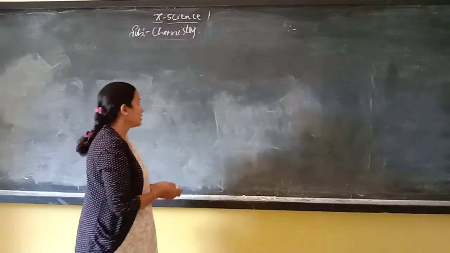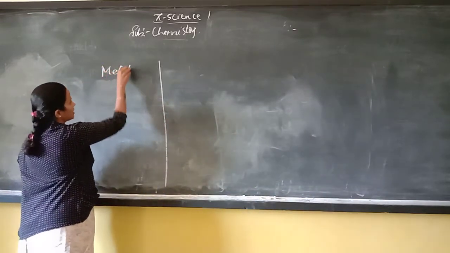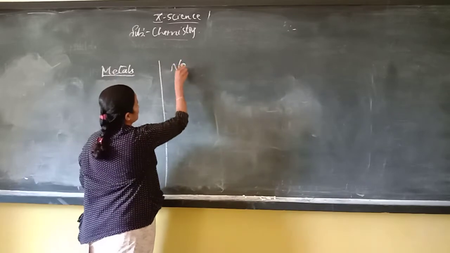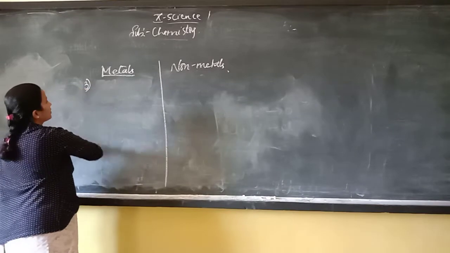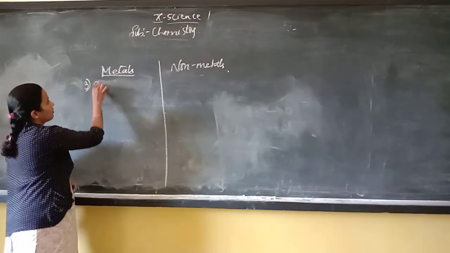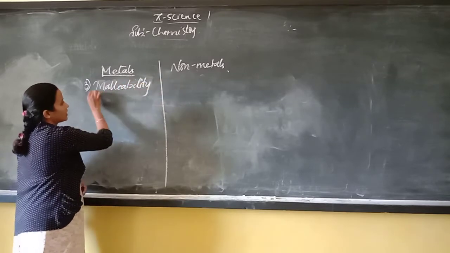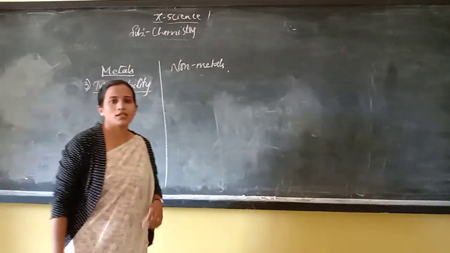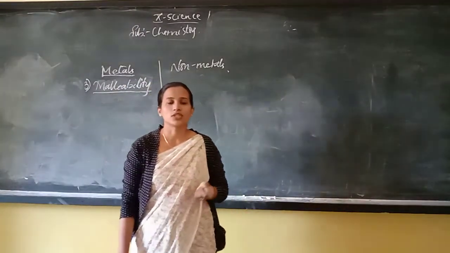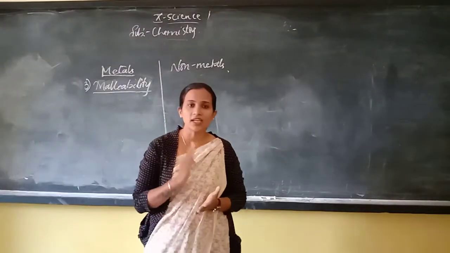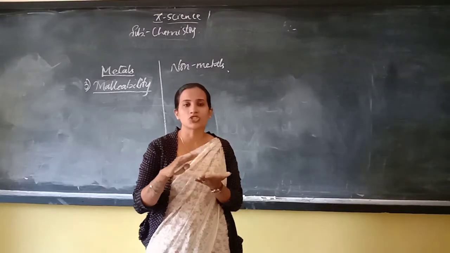So let me move on to the third physical property of metals and non-metals. Metals are malleable, or have malleability. What do you mean by malleable? Malleable is a process where if you hit the metal with a hammer, you can form thin sheets.